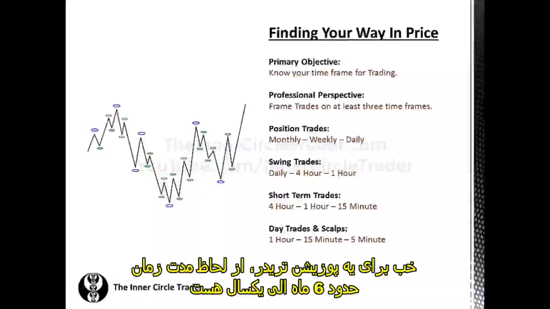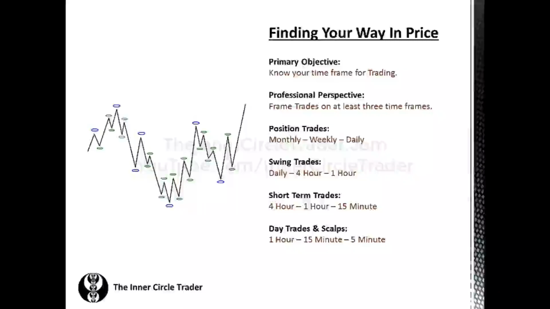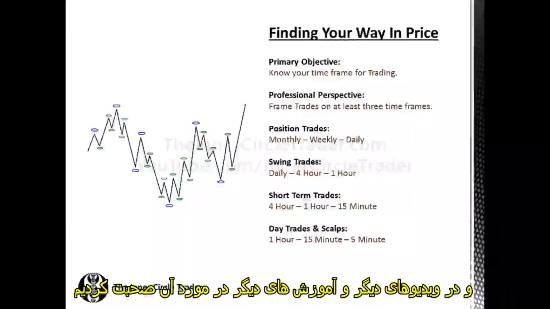Well, obviously for position trades, this is going to be anywhere between 3 to as much as 6 months to a year in terms of duration. Now, I don't have a whole lot of trades like this, but every 3 to 4 months in the marketplace, whether it be in stocks or commodities or Forex, there is a specific swing that manifests itself, and we talked about that in other videos and other teaching.